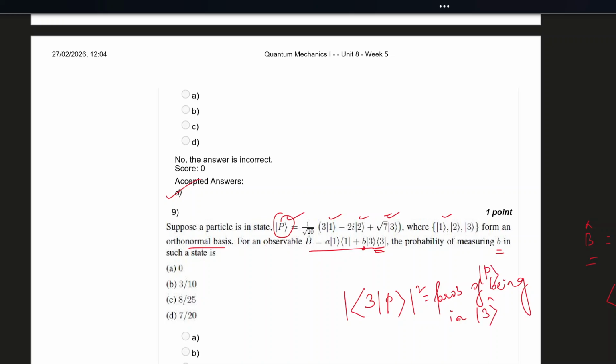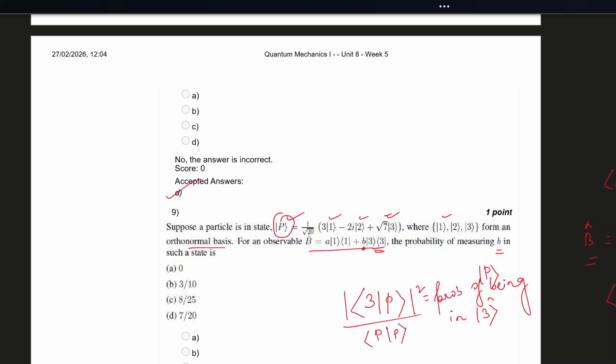Okay, but here you have to ensure that this state P is initially normalized, that means it has the normalization factor included, so that the inner product of P with P is 1. You can cross-check whether this is 1 or not, otherwise you have to add another denominator term, which is <P|P>.